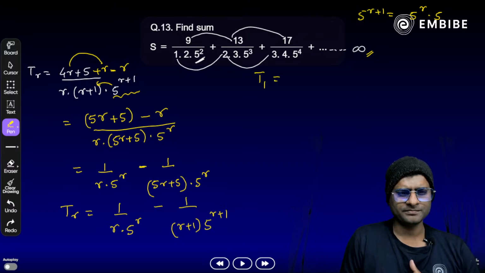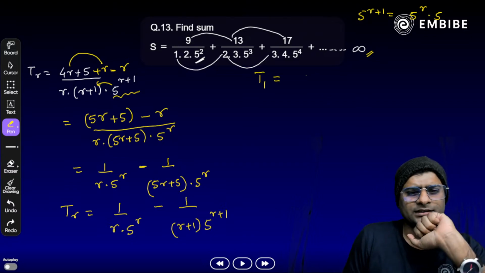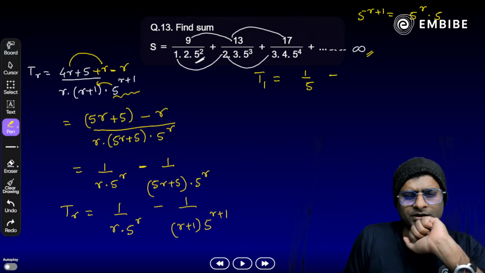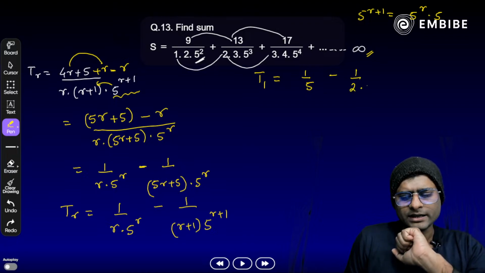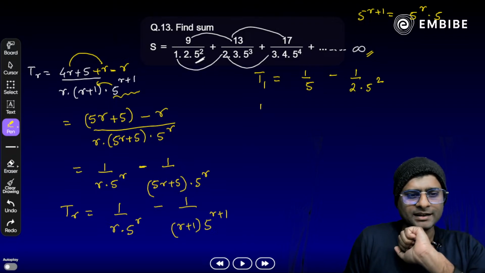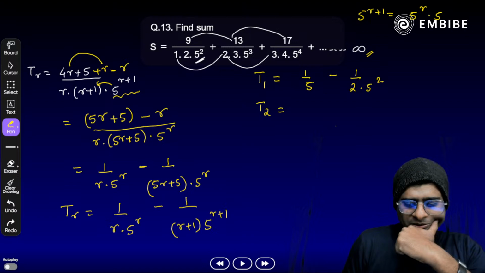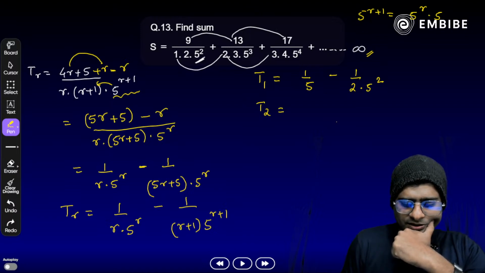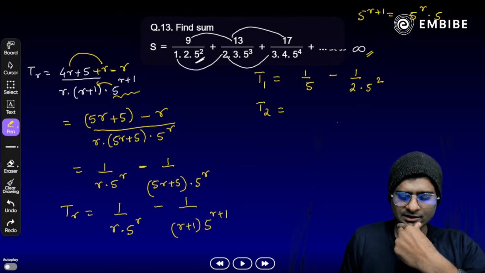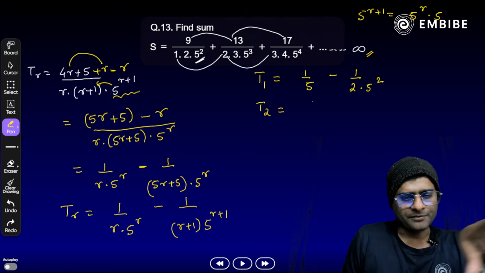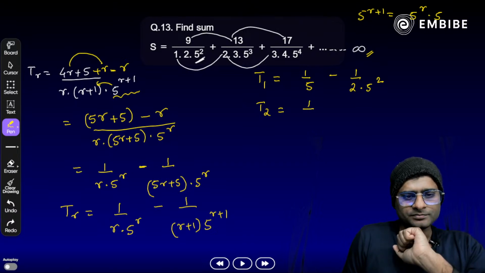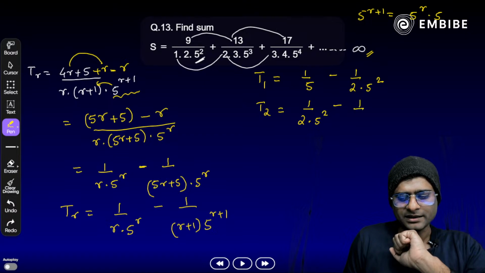Like first term, substitute 1 here. What we get here? 1 by 5 minus 1 by 2 times 5 square. Clear? Now second term. If we substitute 2 here, 1 by 2 times 5 square minus 1 by 3 times 5 cube.